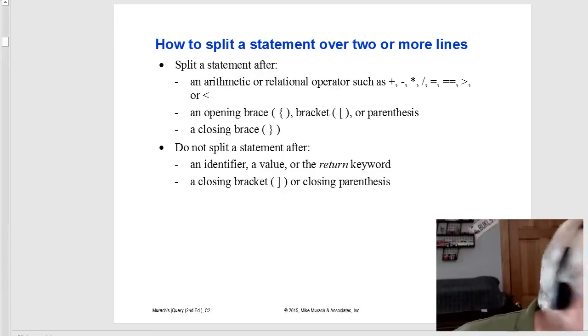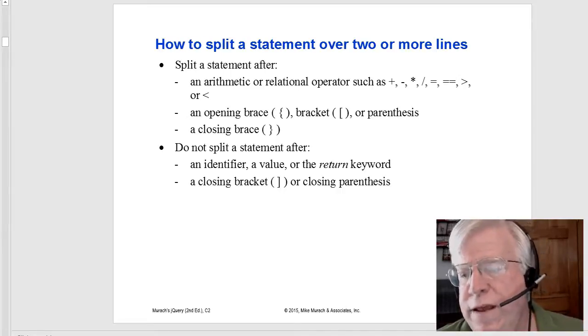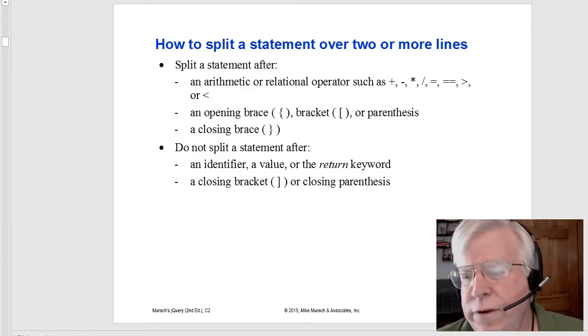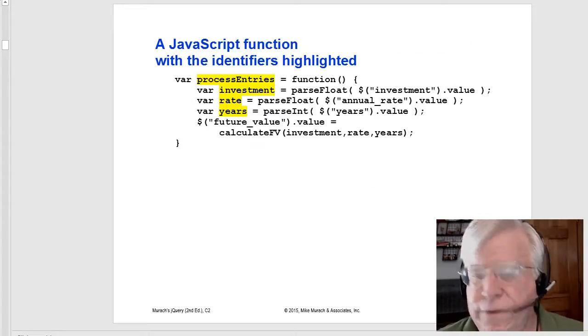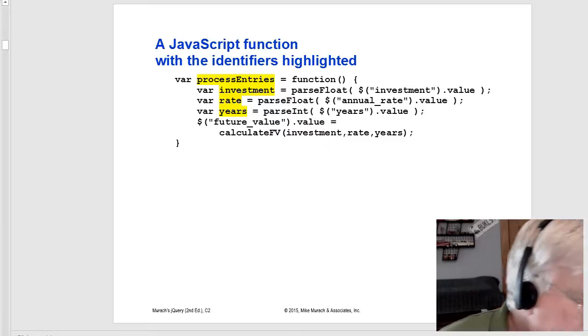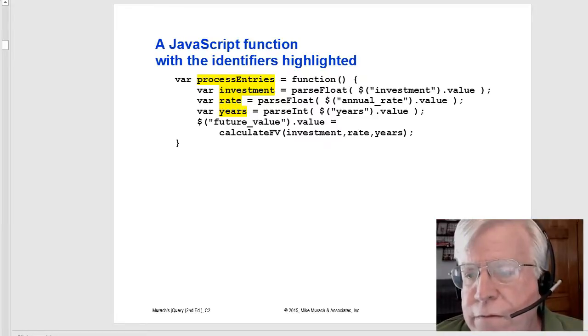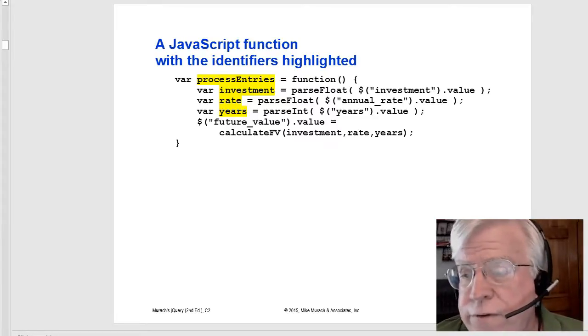Splitting a statement, there's various ways of doing that. Brackets, parentheses, closing braces. Do not split a statement after an identifier, a value, a return keyword, a closing bracket, or a closing parenthesis. Now, on pages 54 and 55, what they're calling identifiers, I typically would call a variable, but these are identifiers that are basically creating variable objects.